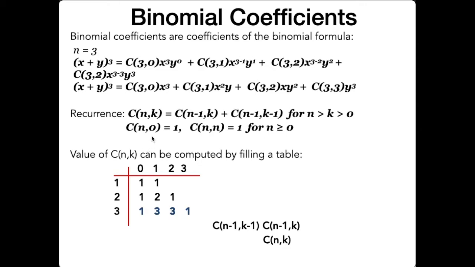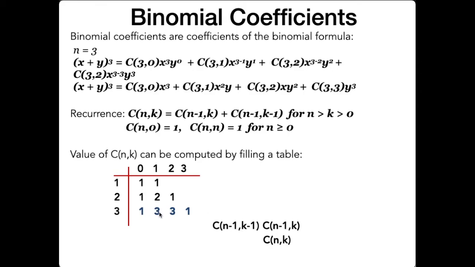So you have to put 1 for k is equal to 0 and put 1 for the diagonal. Ito yung diagonal because you have 1 here kapag meron dito si 0. Okay, so this is for the case where we have n is equal to 2. This number is obtained by getting the sum of this and this, which is equivalent to n minus 1 taken k and n minus 1 taken k minus 1.